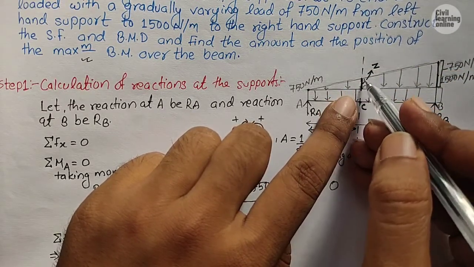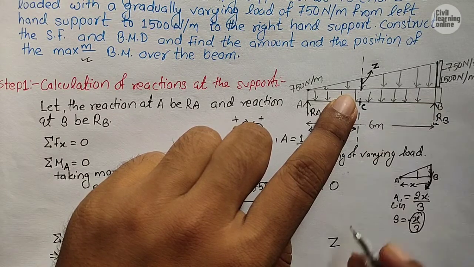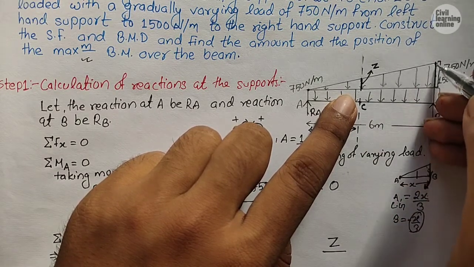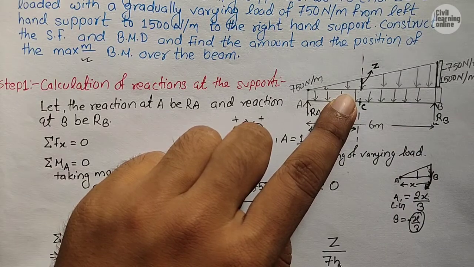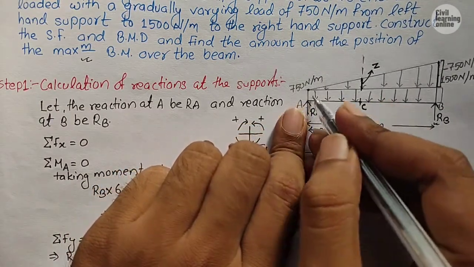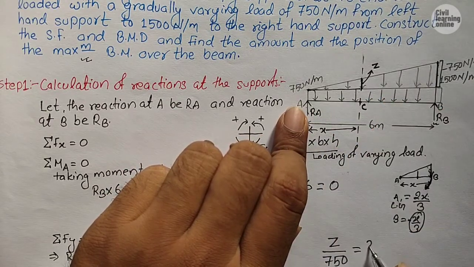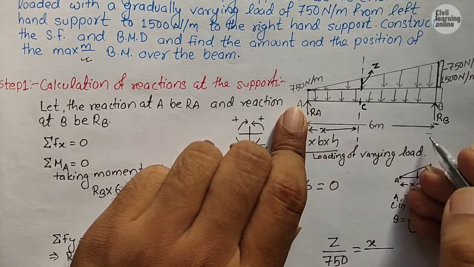Means sides of similar triangles: the smaller triangle side Z by this 750 will be equal to this x. This lower span is x meter, so x by the whole span, which is 6 meter.